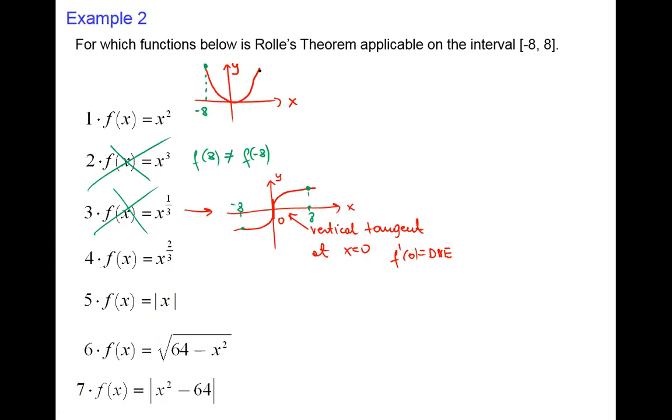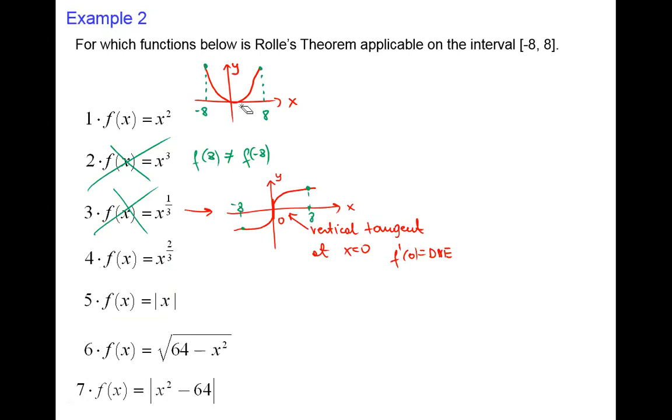This is negative 8, this is positive 8. What will be the c value for this one? Because the function is continuous, the function is differentiable, the function has the same value at the endpoints. That means the value c exists, where the derivative is 0. That means where is the value c?